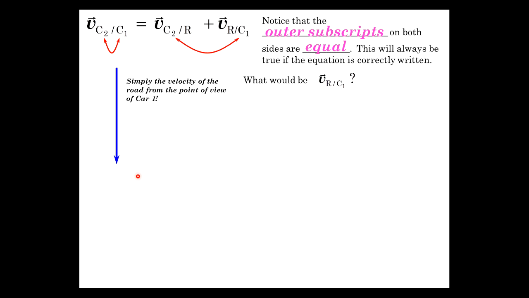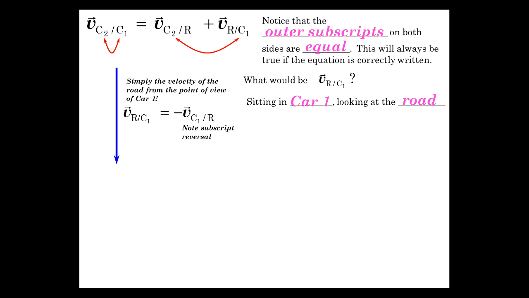If the car is going up the road, if the car is going up like this, the road looks like it's going the other way. So the road goes in the opposite direction of your motion. Hopefully that makes sense. So this is the velocity of the road with respect to car 1. So it's the negative of the motion of the car with respect to the road. You're sitting in car 1 looking at the road. There, have I said that enough?